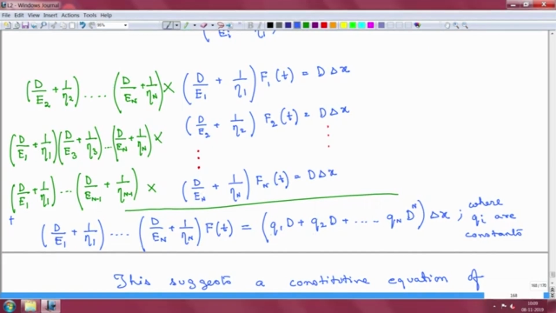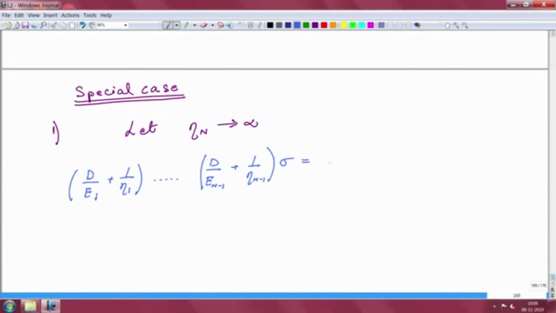If you multiply, these numbers will change. So, essentially what you will have on the other side, if you rework, is a new set of coefficients and a new polynomial. I am just going to keep on using q, but I will put a bar here to distinguish it from the previous q. This will now be 0, and then you will have q1 D and all the way, and now the highest power will end at n minus 1.